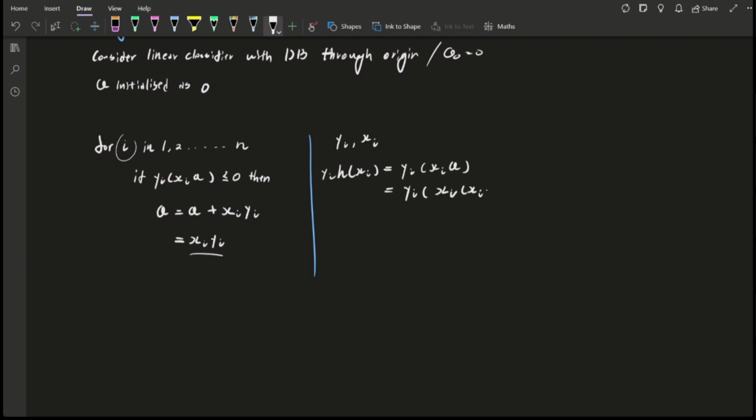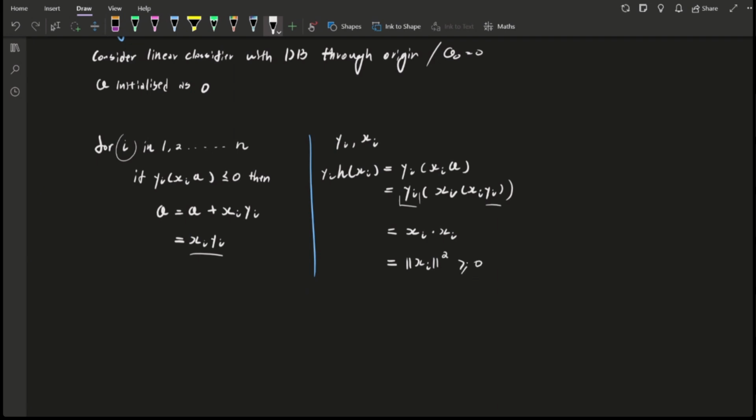So I just substitute this expression for theta here, and because yi multiplied by yi is always positive, since the same value squared is positive, we are just left with xi dot xi. And you'll recall from Wednesday's lesson that this expression gives you the norm of xi squared, which will definitely be larger than or equal to 0.